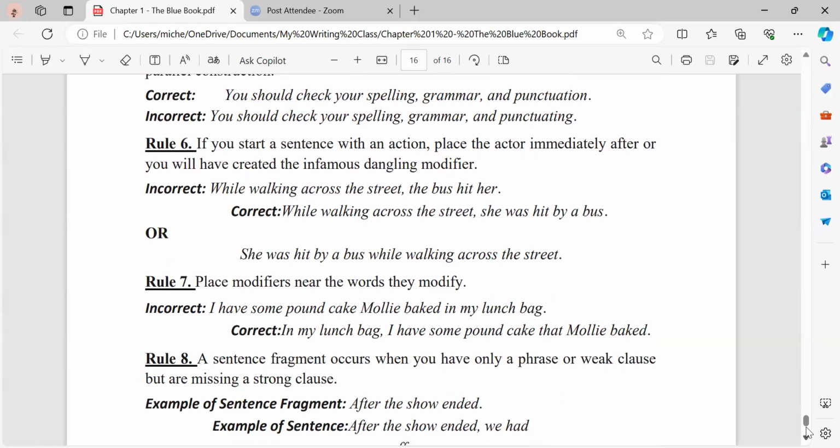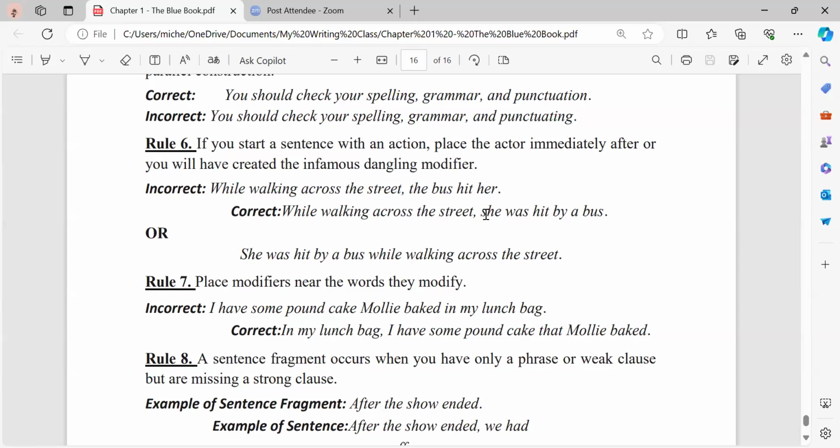So why do we have this rule: if you start a sentence with an action, place the actor immediately after? We should not make the listener or our readers confused by having this hanging kind of sentence, using a dangling modifier. While walking across the street, the bus hit her.